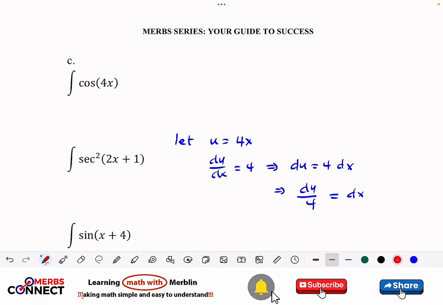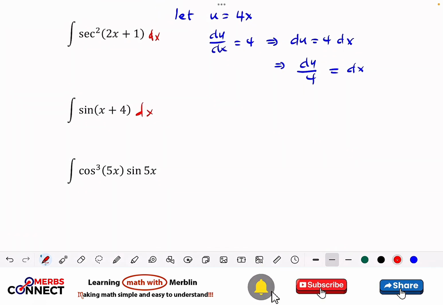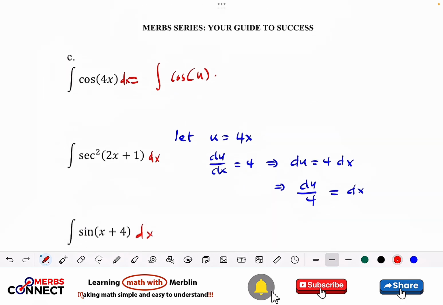So let's do that. This integration now is equal to cos. Now 4x is the same as u, so I'm going to have cos u times, oh, I should have added this one. All of them should be going with dx. Okay, good.